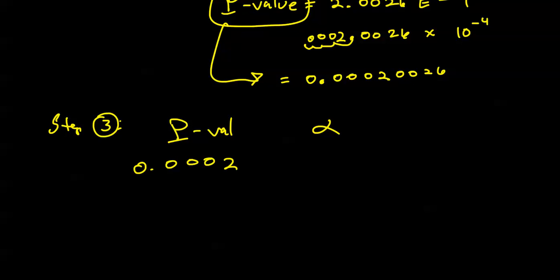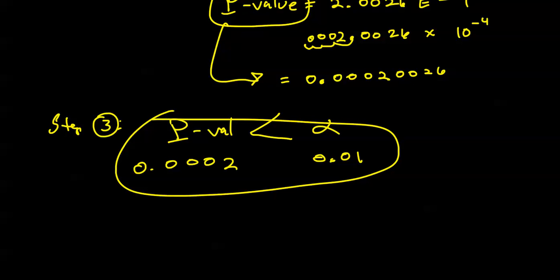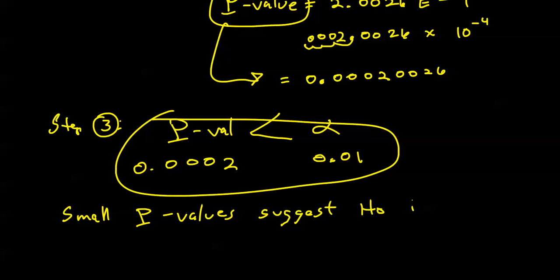My alpha level was given as 0.01, and clearly the p-value is less than my given alpha level or significance level. Now remember, small p-values suggest H0 is false. Well, how small, you might ask, and the idea here is smaller than alpha.